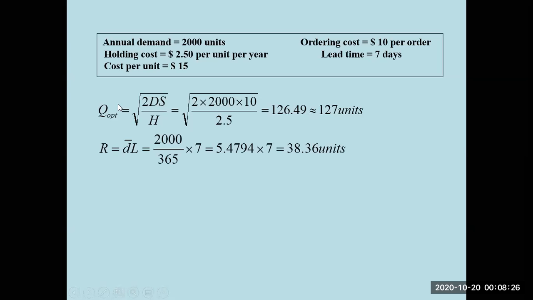Then the reorder point: daily demand or average demand. This example doesn't say how many days, so use 365 days in a year.